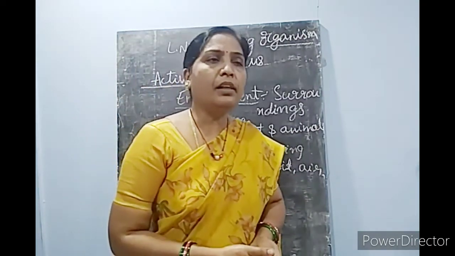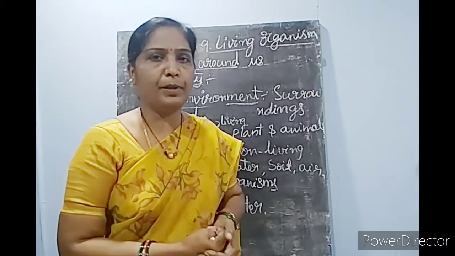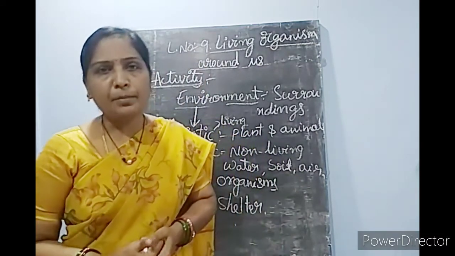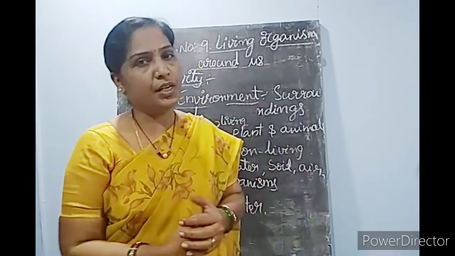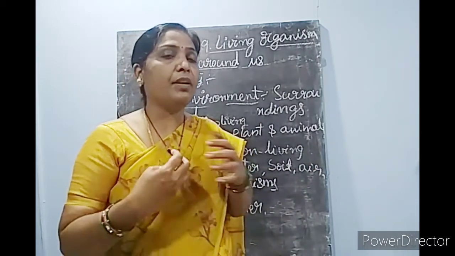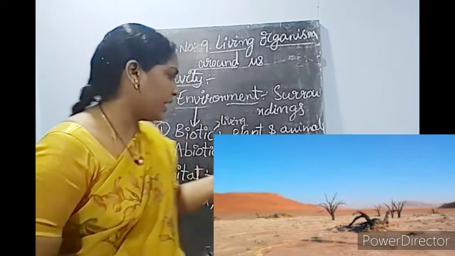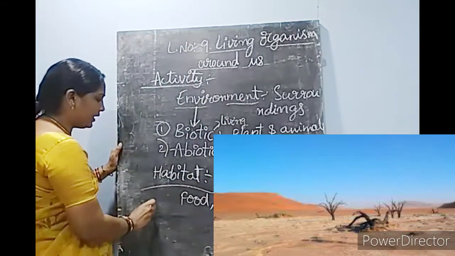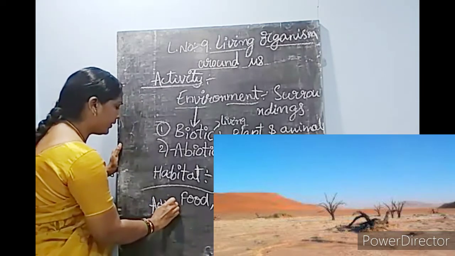For example, in desert habitats, the environment is very harsh, with very little rainfall. And if I ask you to draw a desert, I'll give you 5 minutes. Here, to understand about the habitat, you can do one more activity.